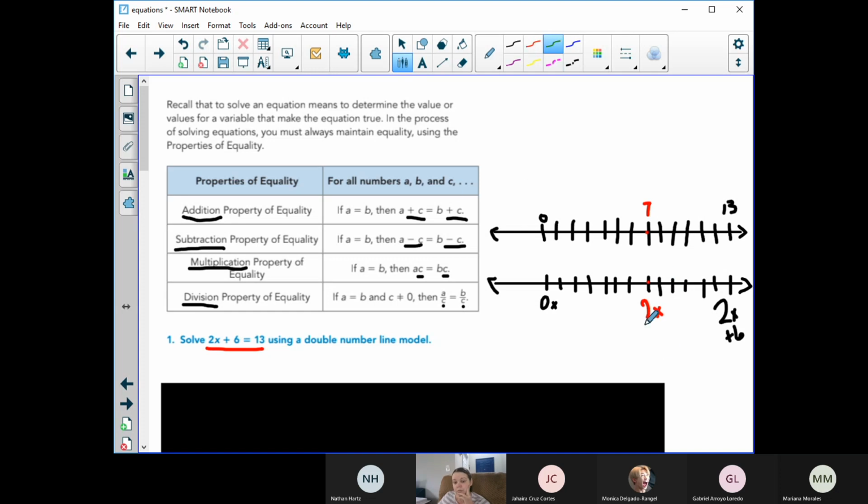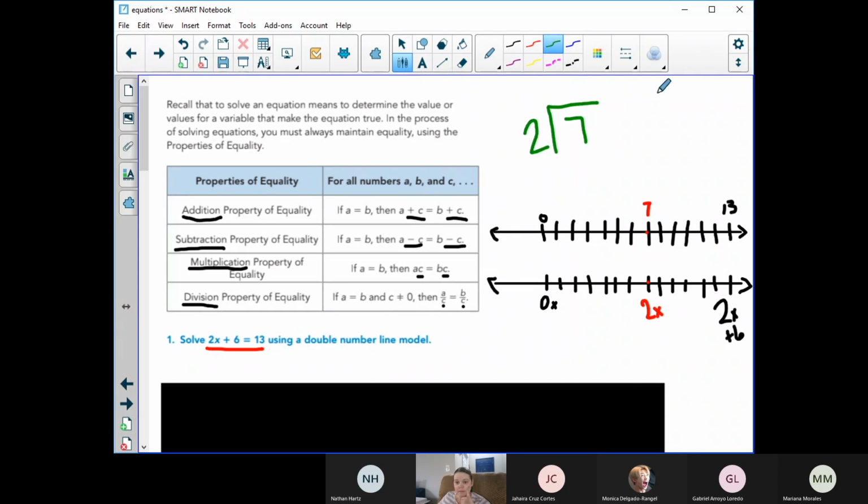Now I need to undo multiplying by 2. What is the opposite of multiplication? Right, so we're going to divide 2x into 2 equal pieces. So I need to take 7 divided by 2 as well.